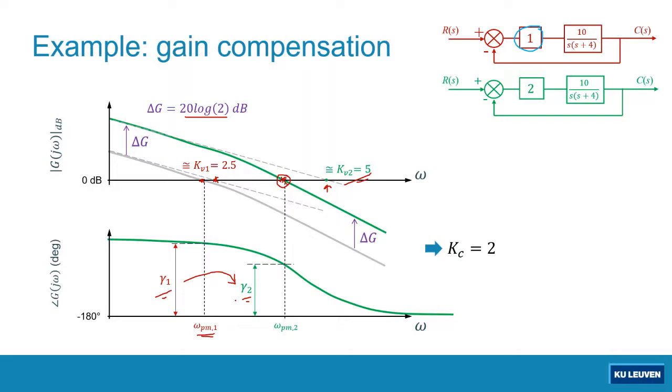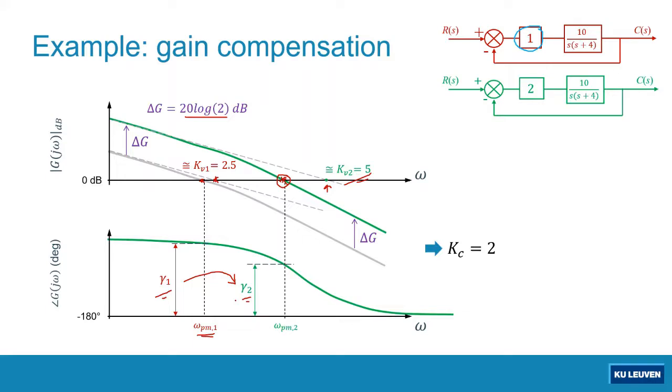If we have a small damping ratio, the possible overshoot will also be larger. The smaller the phase margin, the smaller the damping ratio, but the smaller the damping ratio, the larger the maximum overshoot.